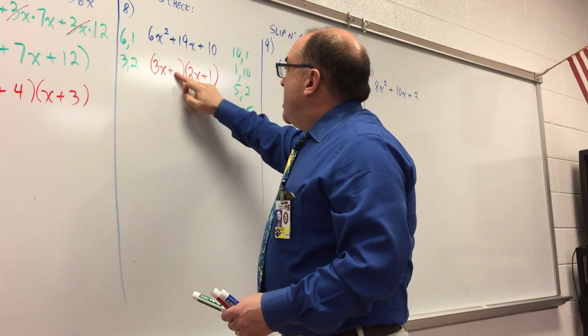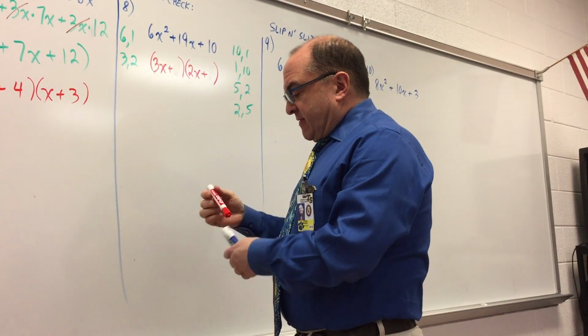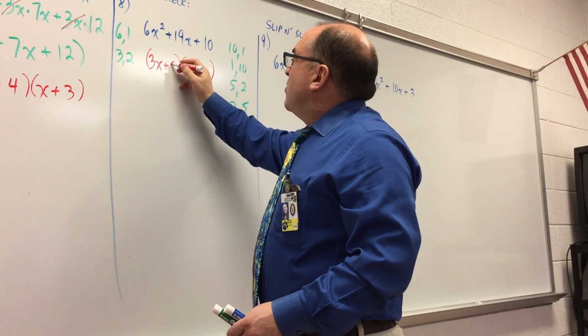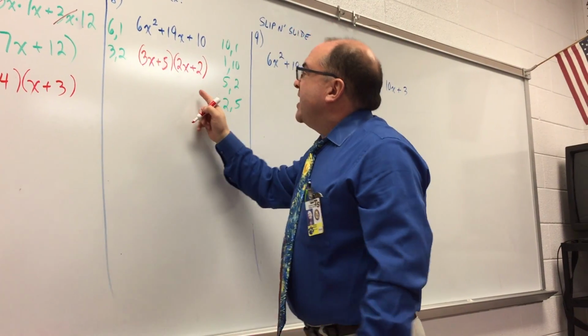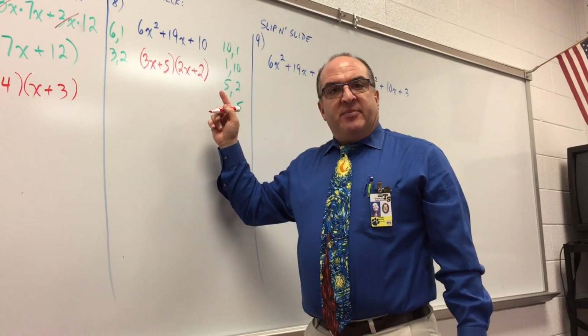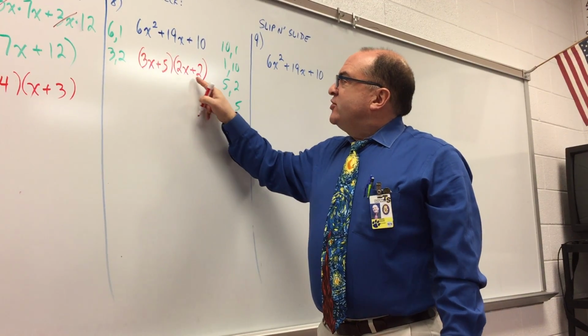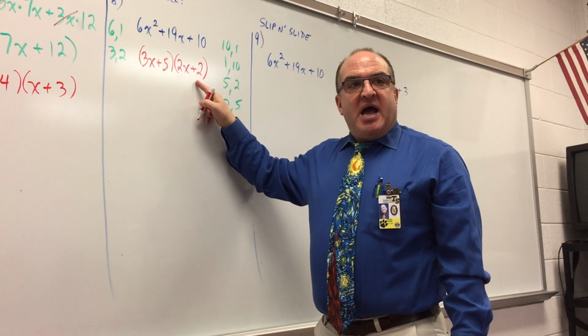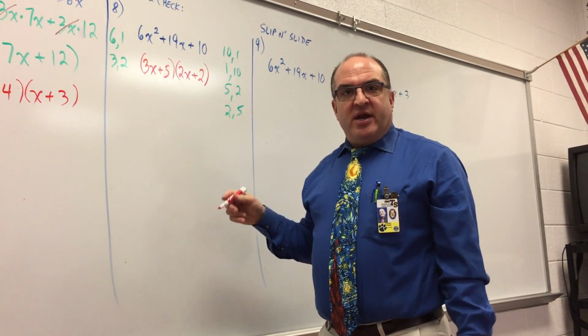Instead of 10 and 1, let's try 5 and 2. When I say 5 and 2, by the way, this is not going to work because here's a promise. See how 2 goes into both 2 and 2? You're never going to have something common in your factors. It's never going to happen.